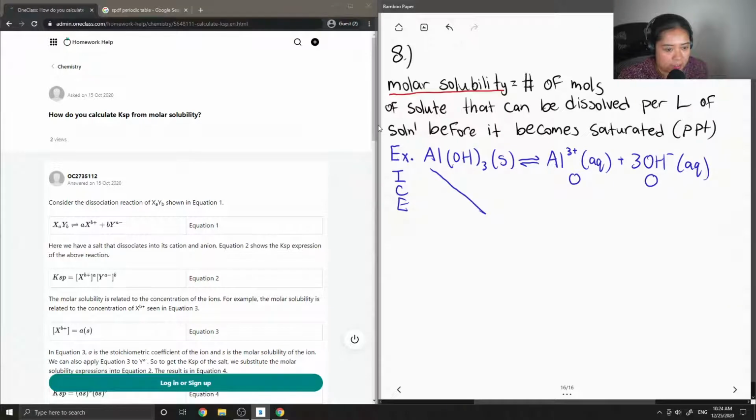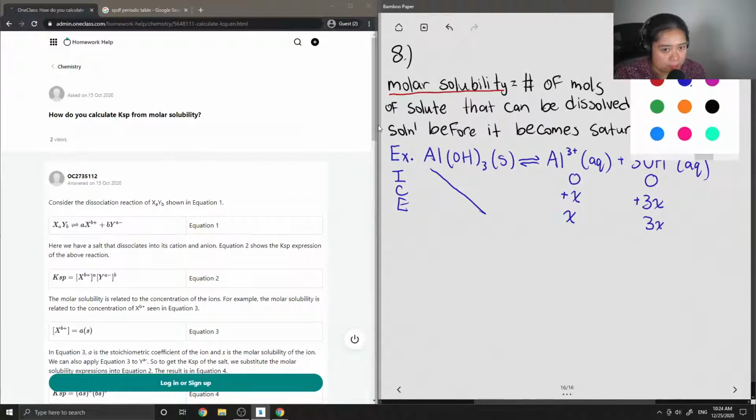For the change, in the case of aluminum 3+, it will just be plus X. And in the case of the hydroxide ion, since there are 3 moles of hydroxide, it changes by 3x. So at equilibrium, the concentration of aluminum 3+ is equal to X, and for the hydroxide ion, it's equal to 3x.